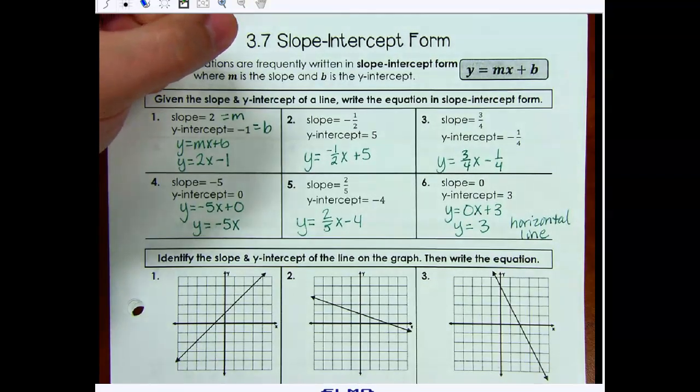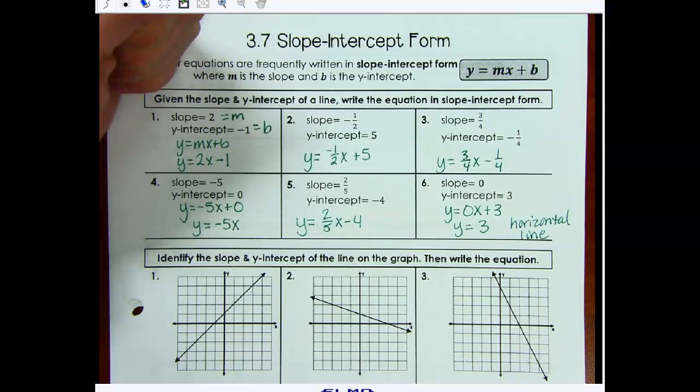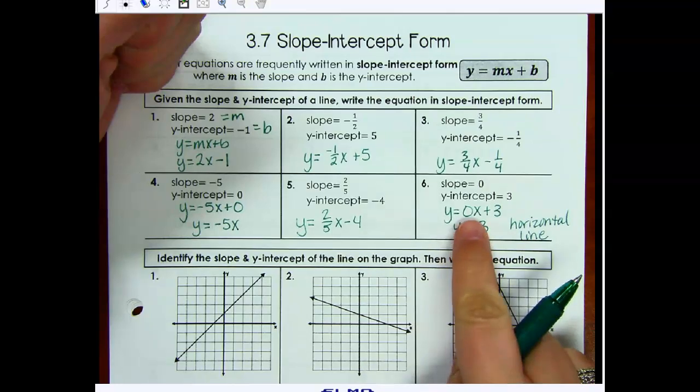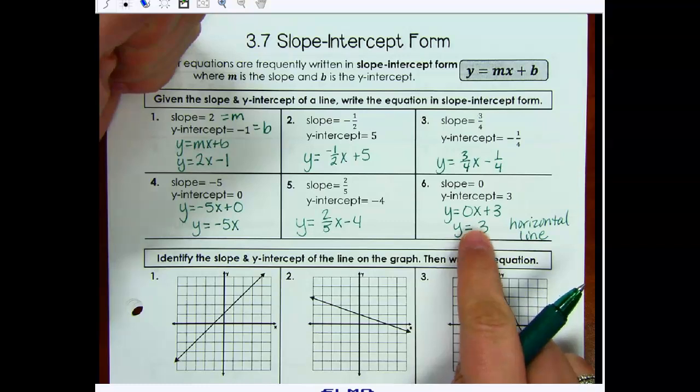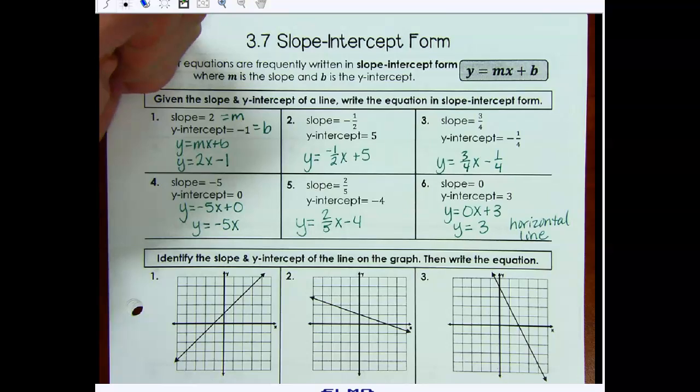If you have one that tells you the slope is 0, remember we learned in the lessons last time that a slope of 0 is a horizontal line. And so then you don't have an x in your problem at all, because you're just crossing the y-axis, not the x-axis. So this one is special. Make sure that you understand that.